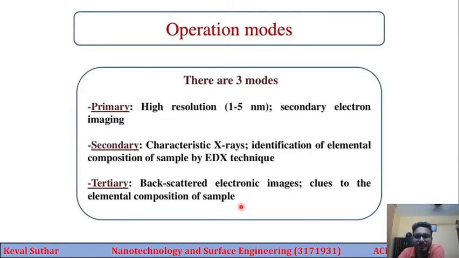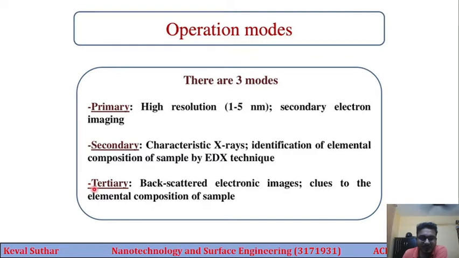Now there are a few operation modes. In total there are three. First is primary mode, in which we can obtain high resolution, that is from 1 nanometer to 5 nanometer, and secondary electron imaging. The secondary mode has characteristic X-rays, identification of elemental composition of the sample by the EDX technique.